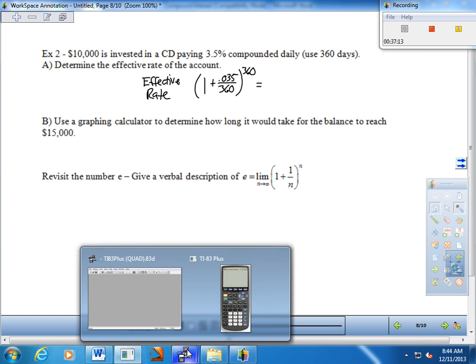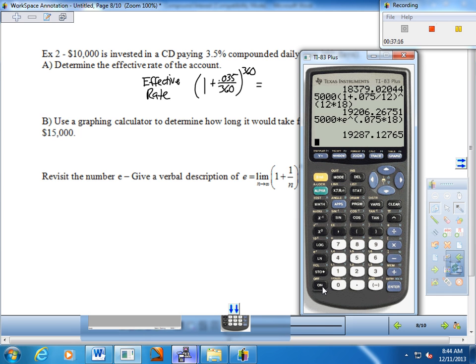So let's see what we end up getting. Again, 3.5% divvied up 360 times over the course of the year. Single year, that's what we're talking about, just the growth rate of the account, irrespective of the principal and the number of years that the money is in the account. All right, so let's get that. And as you can see, because the interest was able to earn interest, here's our true growth rate.